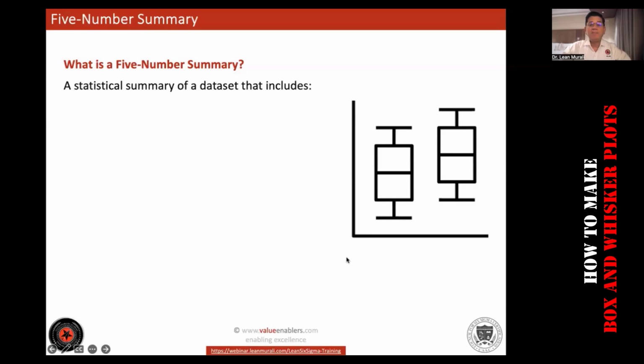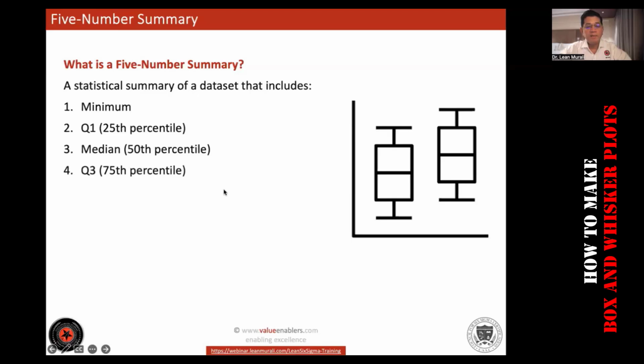The statistical summary of the data set includes the minimum, Q1, median, Q3, and maximum. Now when the data is arranged in descending or ascending order, the middle point is called a median.